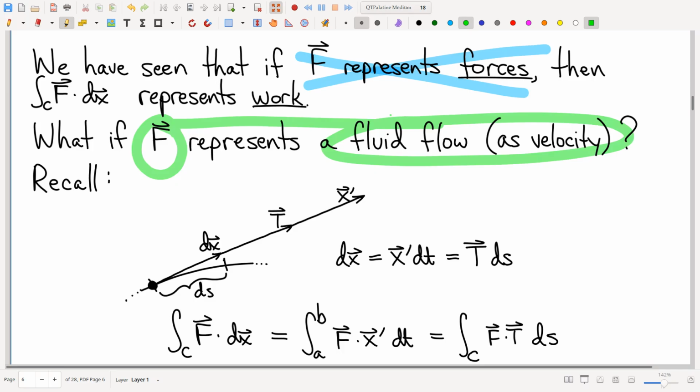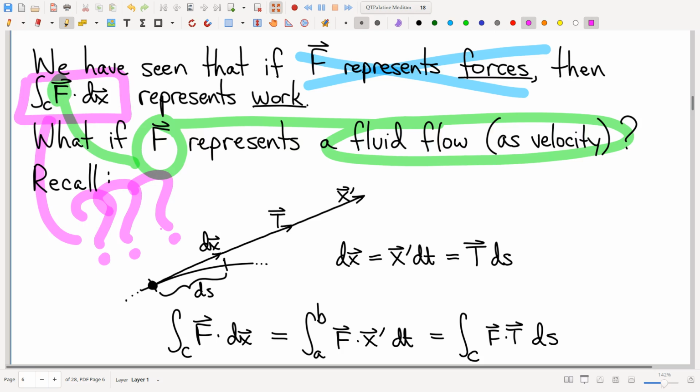There's no force involved here. Maybe our fluid is like air, and it doesn't push with a significant amount of force. So now we have a totally new question: what is a vector line integral when the integrand is a fluid flow instead of a force? We don't have an answer to that yet.